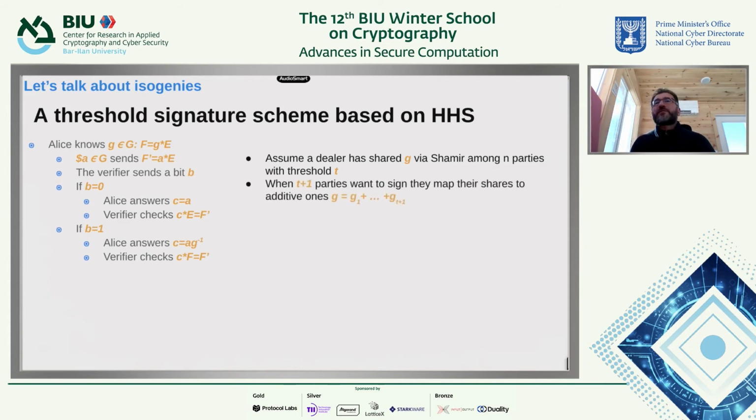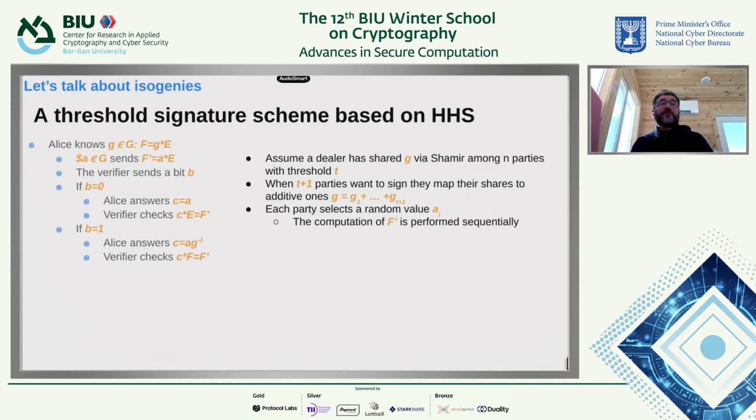So when T plus 1 parties want to sign, the first thing they do is map their shares to additive ones. Remember, if you know your T plus 1 shares, you can just scale them by their proper Lagrange coefficients. Then each party selects a random value AI, and they perform this distributedly.